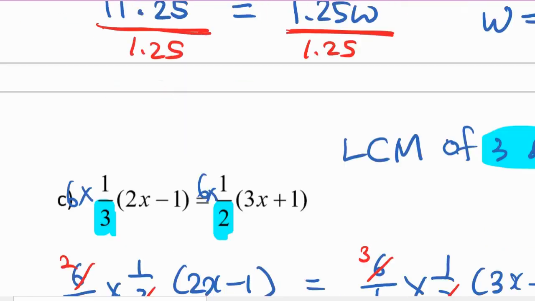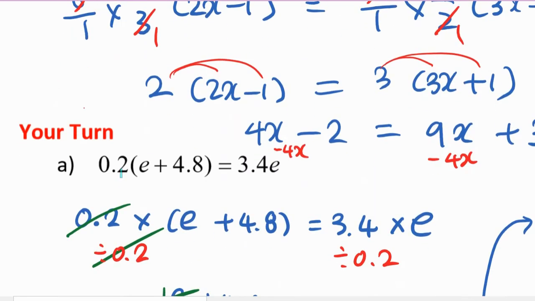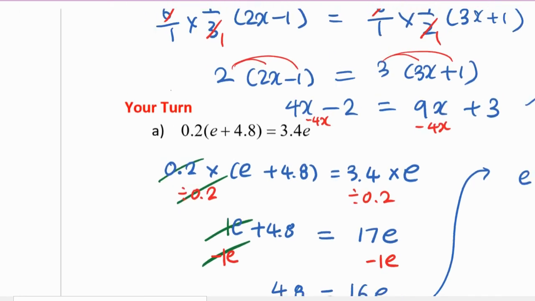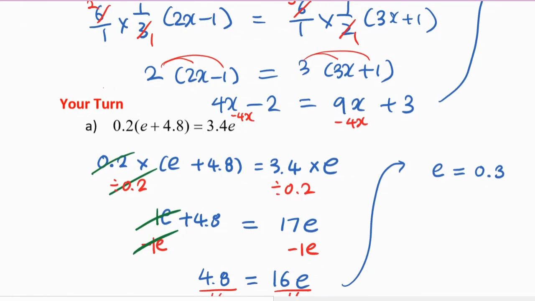And in this problem, I removed the multiplying 0.2 by dividing 0.2 from both sides to solve the equation. So remember, there are two methods. I want you to be familiar with both methods.